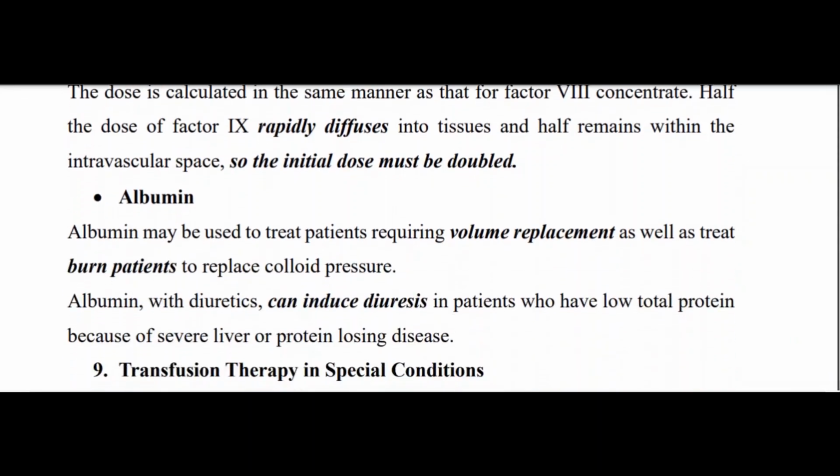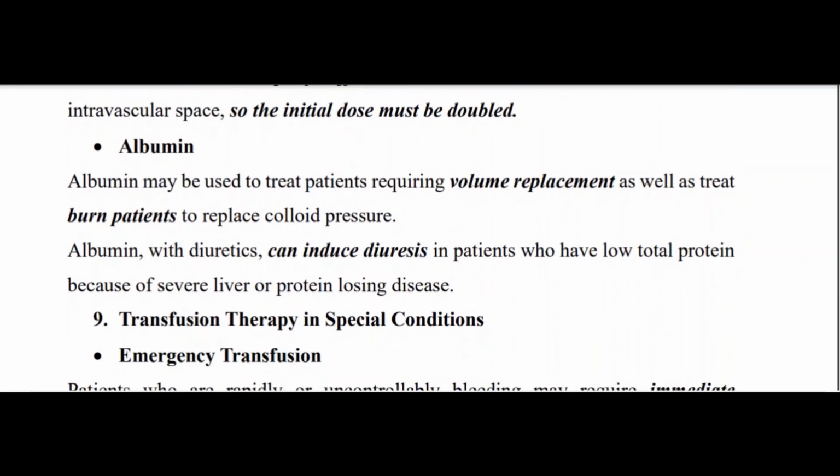So that's how we calculate dosage for factor 9, the same as factor 8 concentrate. We can also transfuse albumin. Transfusing albumin is very important, especially for volume replacement, as well as to treat burn patients, to replace colloid pressure, because burn patients suffer from disturbance of colloid pressure, which we call oncotic pressure, which is managed by albumin.